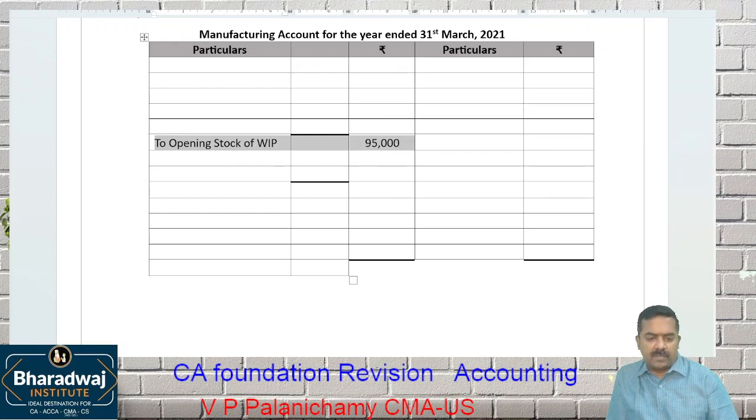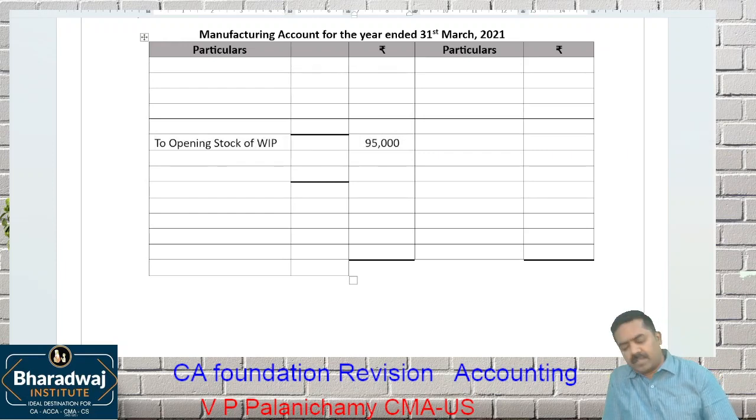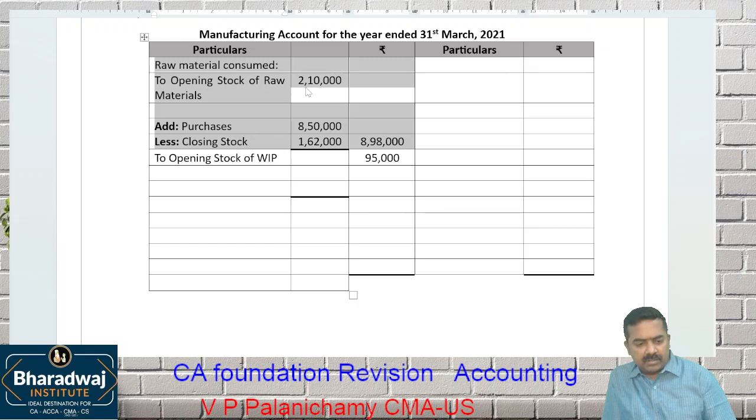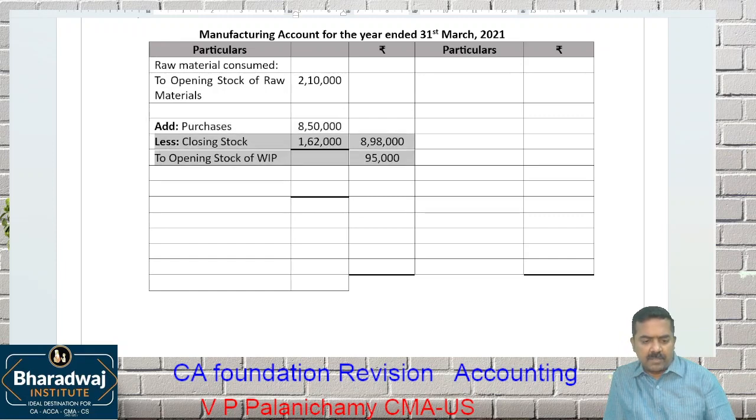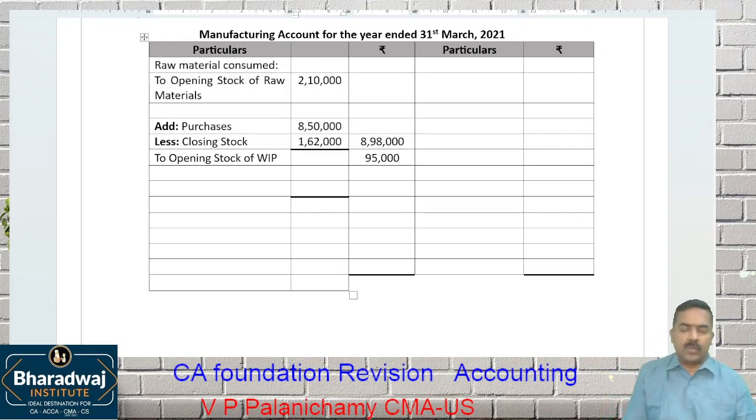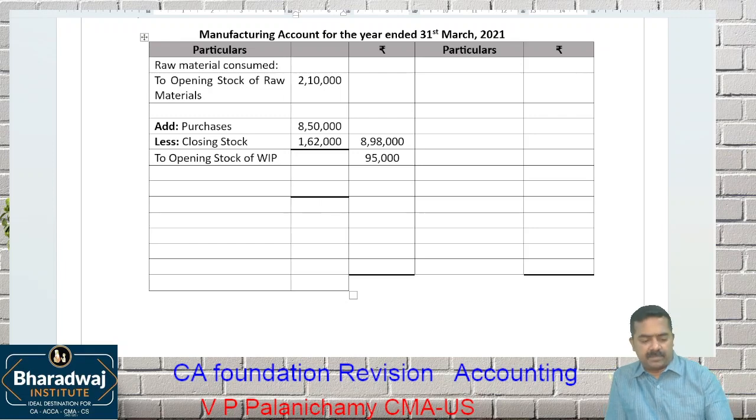To opening stock of WIP, then raw material consumed. Opening stock plus purchases minus closing stock. This opening stock of WIP should be the first line item. Thereafter, to raw material consumed. Opening stock plus purchases minus closing stock. What else will come?